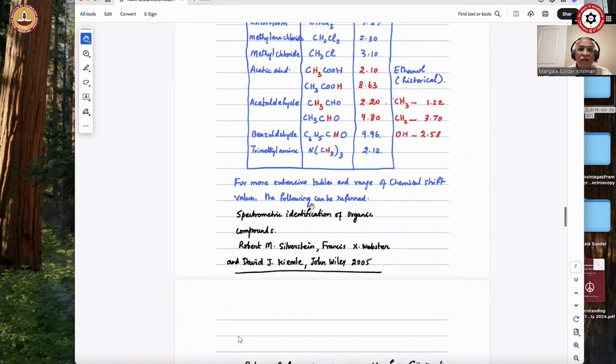Okay, and the other famous book for you to deal with this from a quantitative perspective is the book by Silverstein and Webster, called The Spectrometric Identification of Organic Compounds. There are 3 authors: Silverstein, Webster, and David Kiemle, I guess.